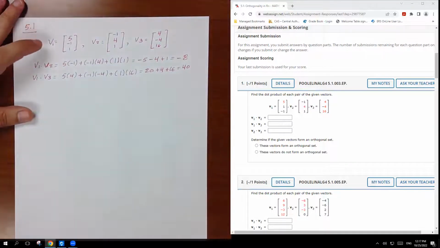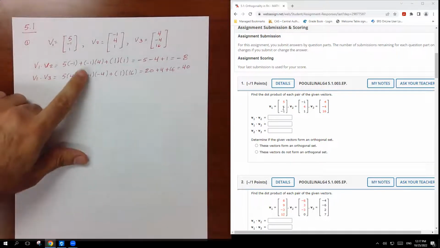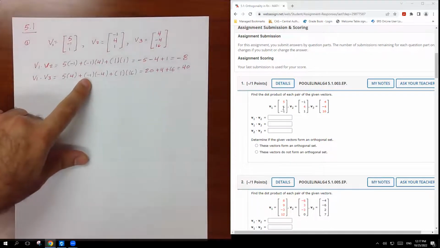Let's check the vectors. Yeah, there is something wrong with the first vector.